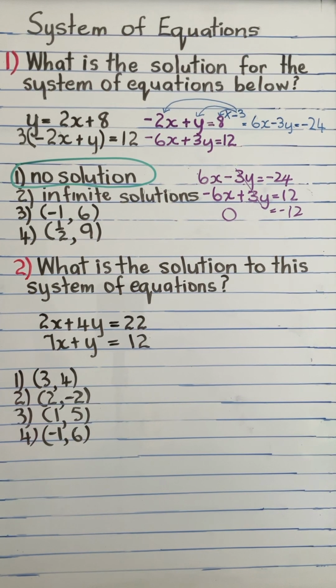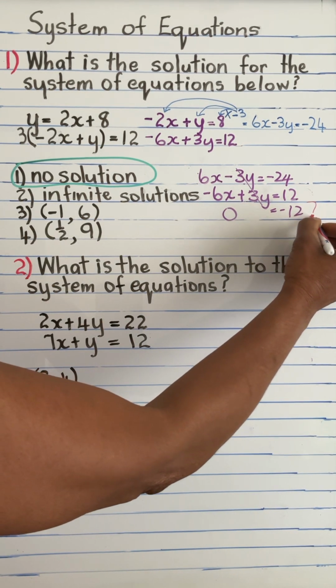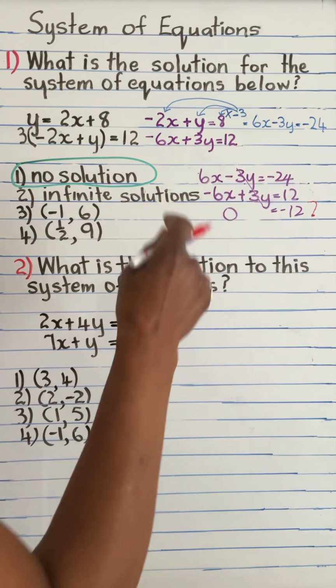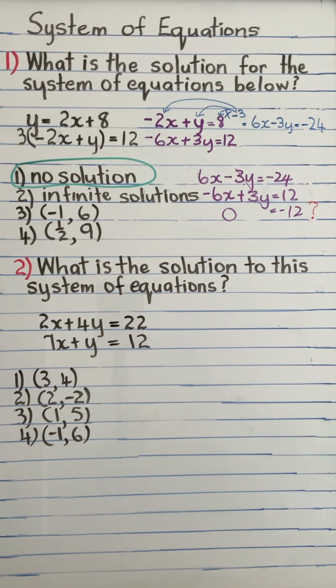Let's move on to question 2. What is the solution to this system of equations? 2x plus 4y equals 22 and 7x plus y is equal to 12.